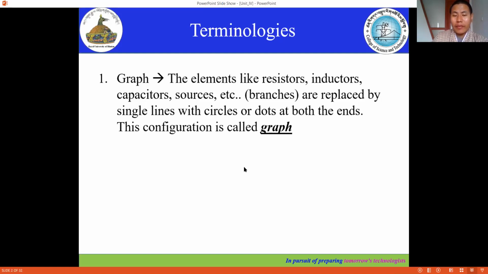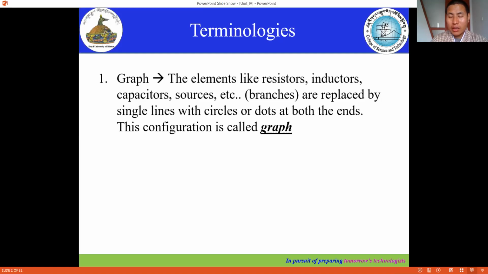Let's consider a single circuit. You have a resistor connected in parallel with, let's say, a voltage source. Now that resistor and the voltage source are replaced by two single lines.